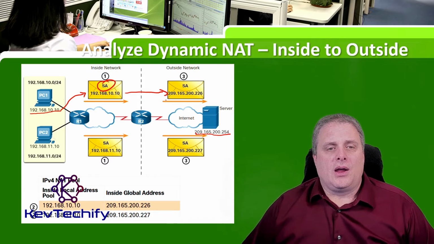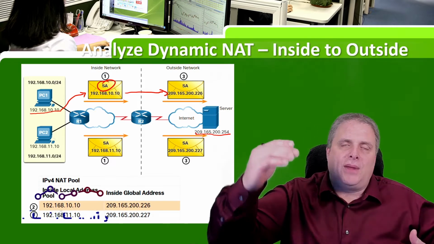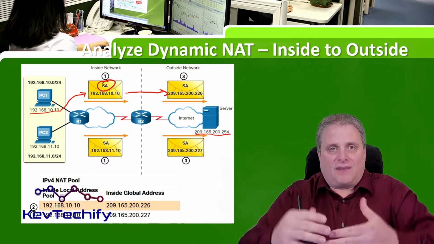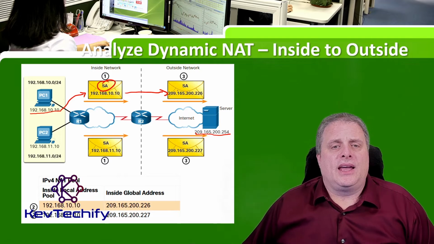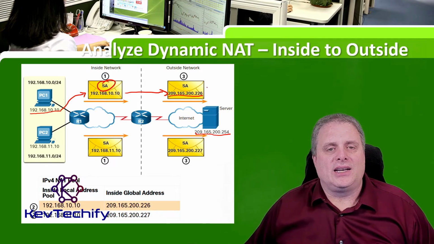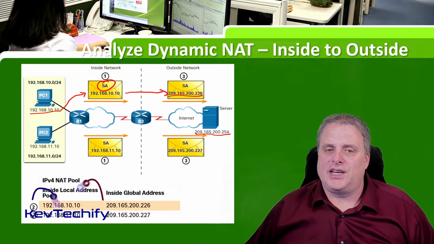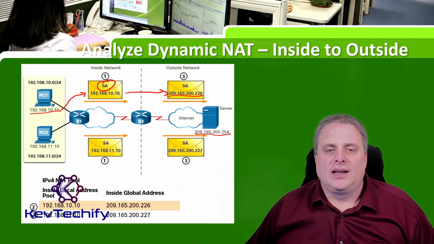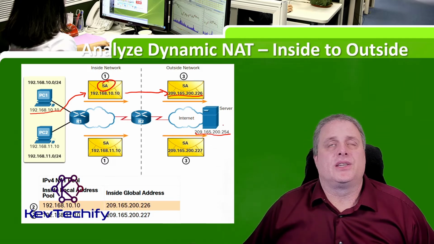And so it looks at the pool of IP addresses, assigns one of those addresses from the pool to this conversation that's happening, and then rewrites that source address into that public IP address. The router sends that packet on its way. Once again, the destination is still that 209 address of the web server. It routes it across the internet and it makes it to the server.